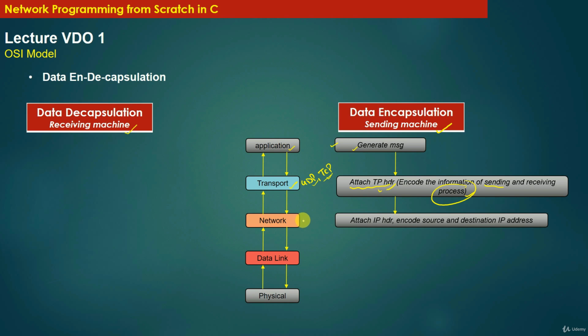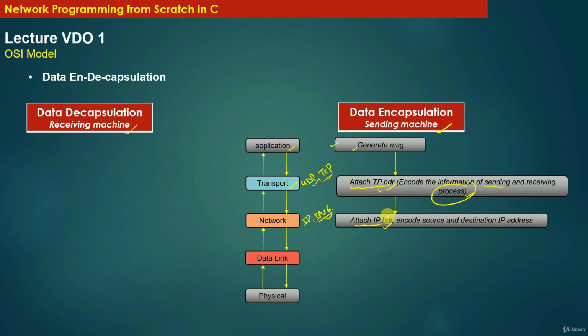Now the network layer protocol could be the IP protocol, it could be the IPv6 protocol, or it could be any other protocol. But the most famous protocols are IP and IPv6. The network layer attaches its own header called the IP header. Or if the network layer protocol is IPv6, then it will attach the IPv6 header.